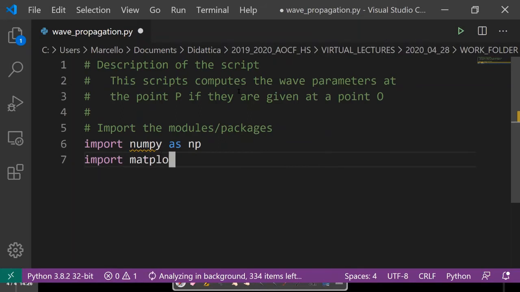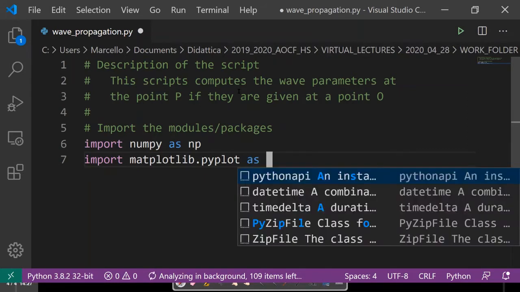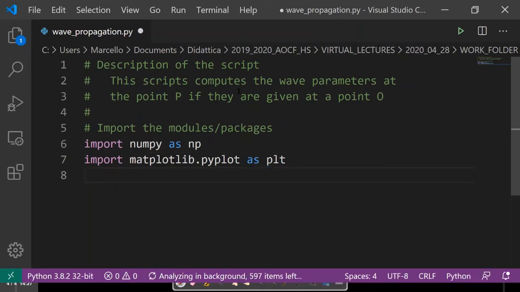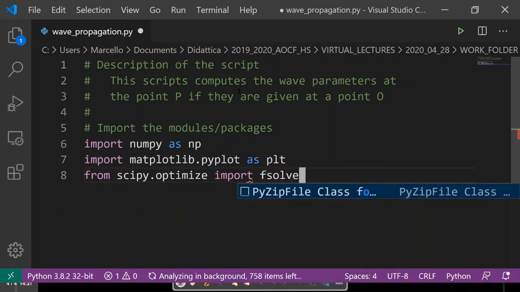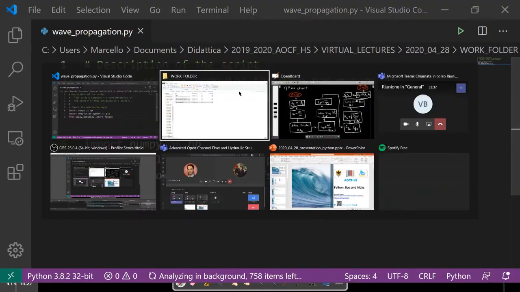We import the module that allows us to make some plots, and also we import a function that allows us to solve nonlinear equations. In this case, we need to solve the dispersion relationship, so we need this function fsolve.